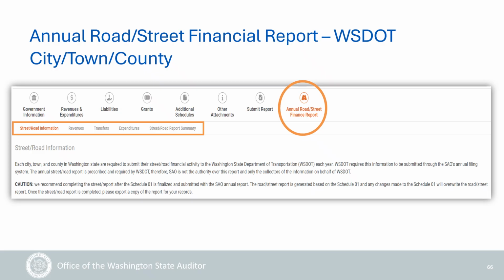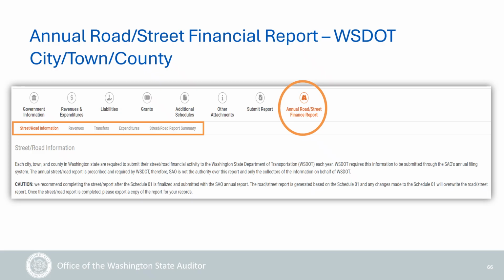For cities, towns, and counties, you will see one additional module in your annual report for the Road Street Report. This report is prescribed and required by the Washington State Department of Transportation, and we are only the collectors of the data on behalf of WashDOT.